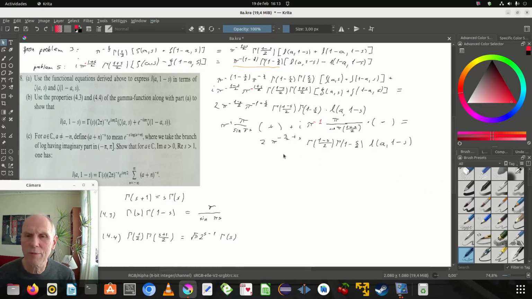So that means we can write this part. Yeah, let's just do that. 2 to pi minus 3/2 plus s square root pi 2 to, and we should substitute s with 1 minus s, so 1 minus s minus 1, that gives minus s.